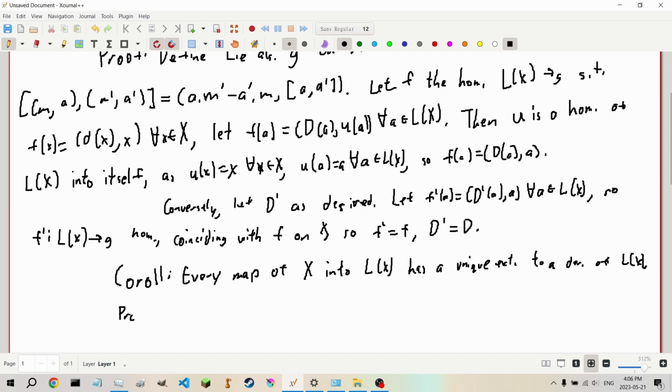Proof: when M is LX with the adjoint representation, D from above is a derivation.